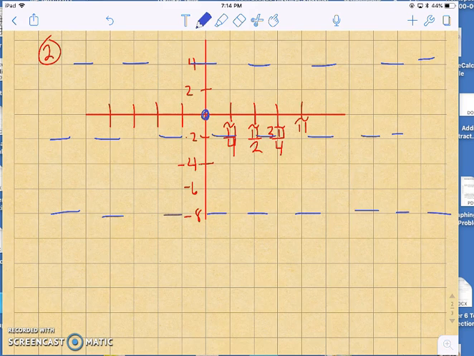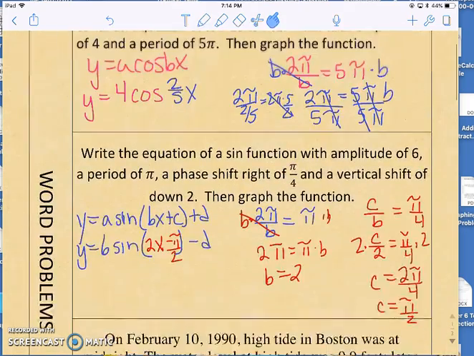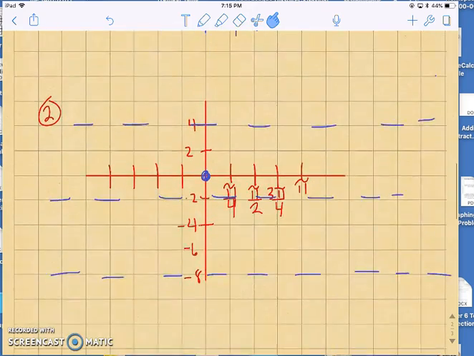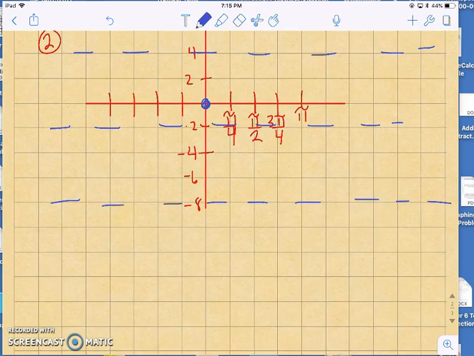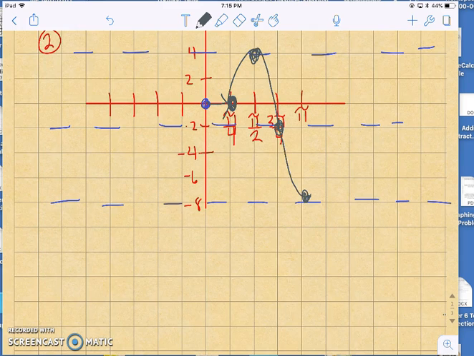So this is sine. Sine starts in the center, but that phase shift was to the right pi over 4. So we have to move our starting value to the right pi over 4. So here's our new start. If that's the start, the next one would be high, mid, low.